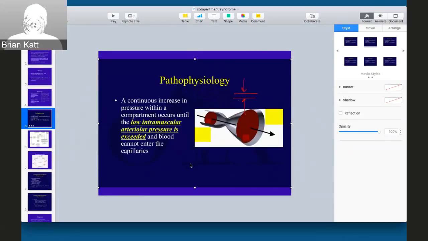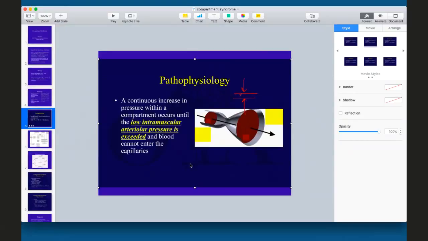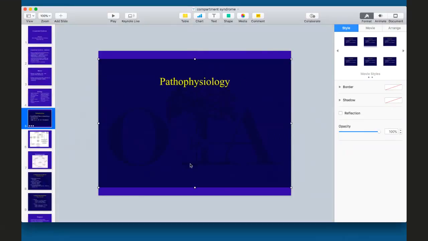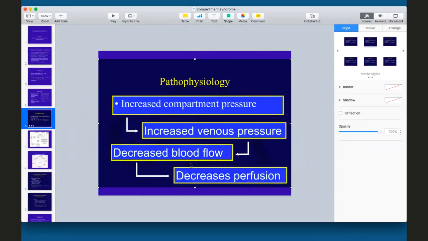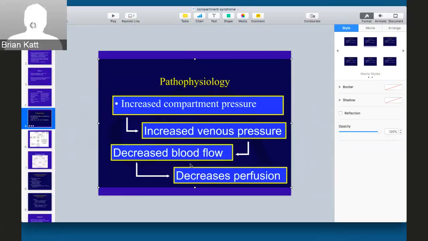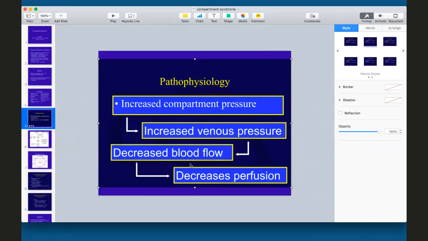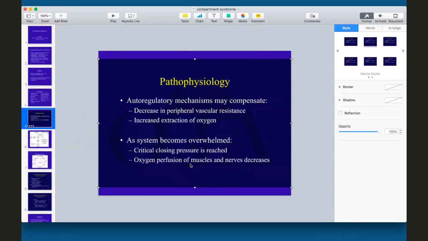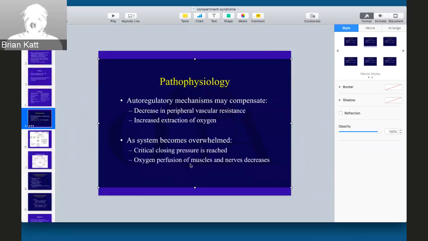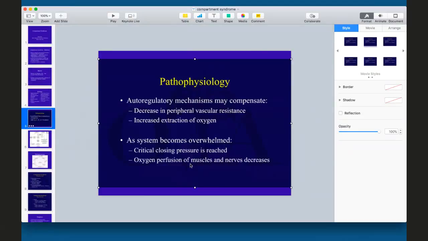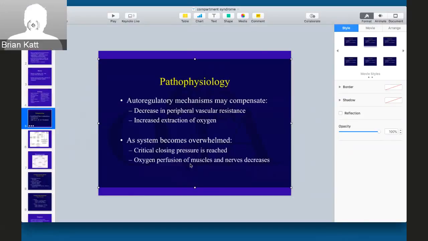Pressure is holding. This can be vascular resistance.